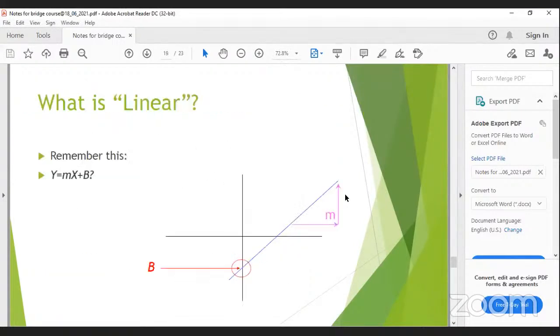So this is a graph of linearity where this particular point is where it intersects the y axis. This is called the intercept value, and this is the slope value which you can obtain using our usual formula.